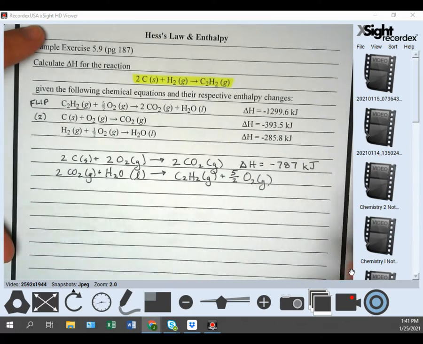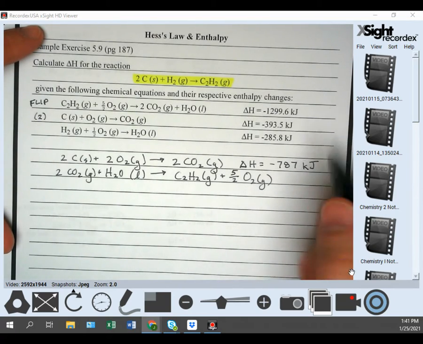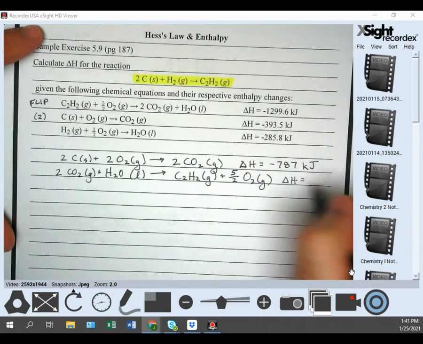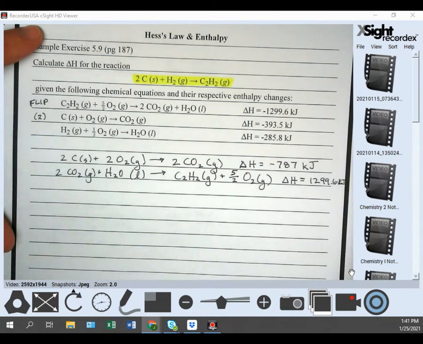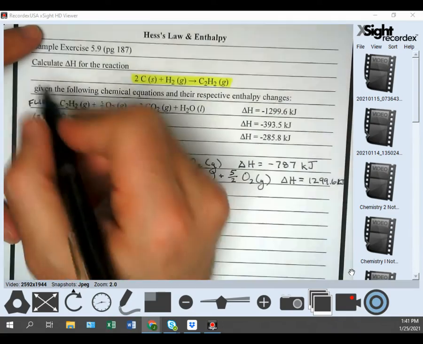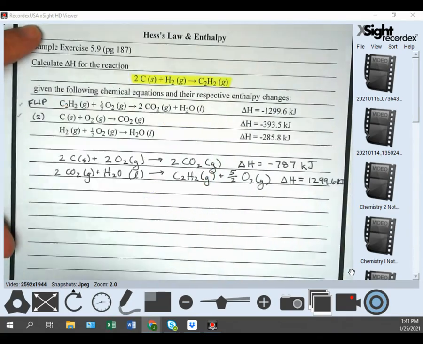Right? What does that do to our delta H? Good, change the sign. So our delta H, same amount now because we didn't do anything to the rest of it, but we're going to change the sign. So it's going to be 1299.6 kilojoules. Right? So, all right, so we've used the first one and the second one.